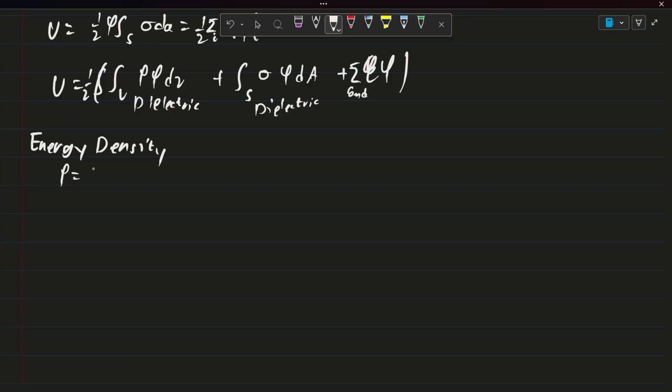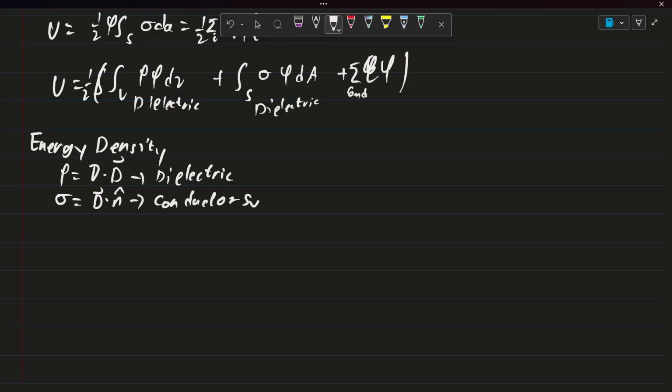First is rho equals the divergence of the displacement vector, and this is applied for the dielectric, because for the conductor this would be 0. And also sigma would be the D vector dot n hat, and this is within the conductor surface.